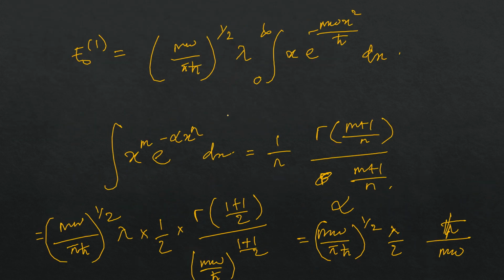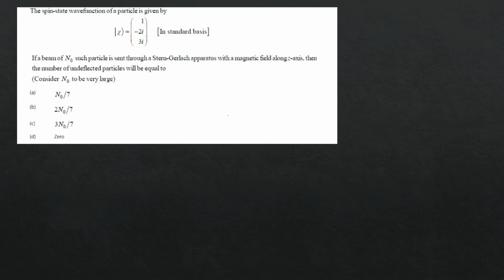Next question. Question number 33, I think. The spin state wave function of a particle is given by chi is equal to the column vector 1, minus 2i, 3i.